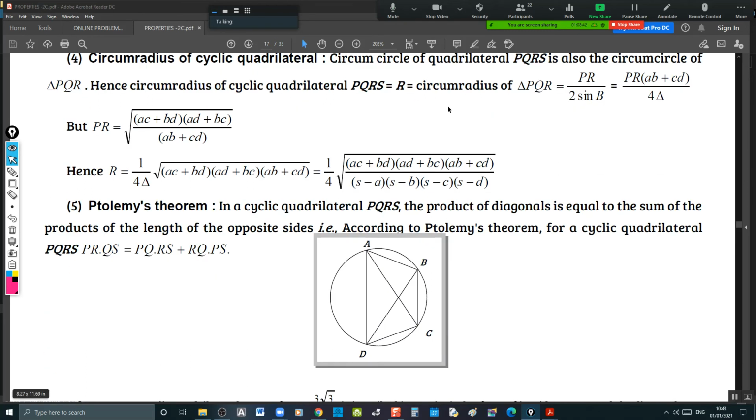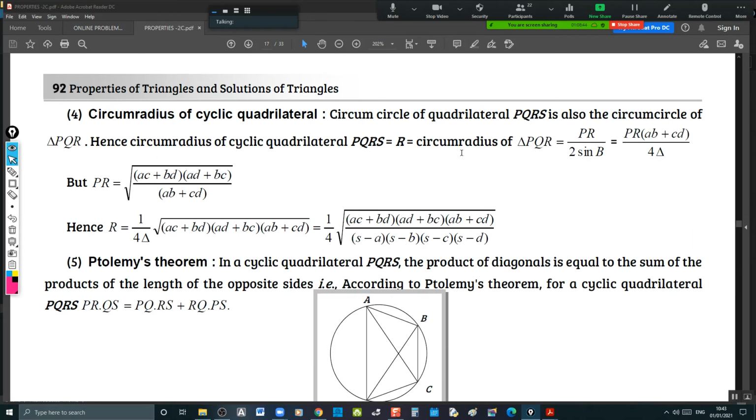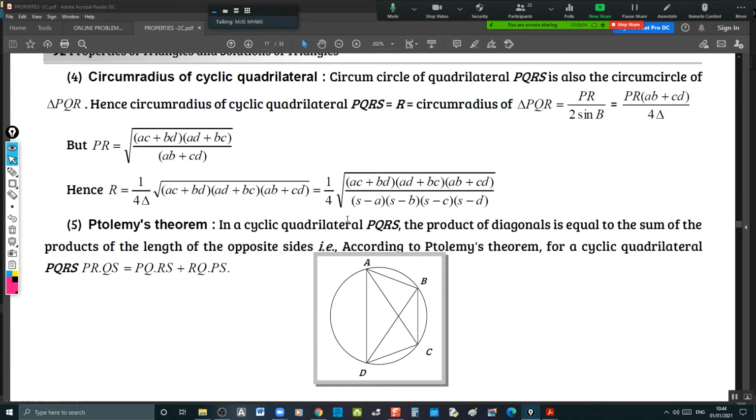Many formulas like that, if you see them now, you will become mad. That many formulas are there in properties of triangles. That is why we are not going to take all of that. And mainly Ptolemy's theorem. The P is silent. Ptolemy's theorem: PR into QS is equal to PQ into RS plus QR into PS.